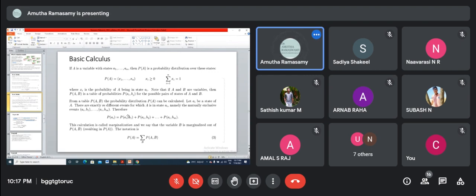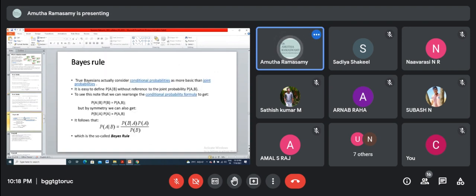This calculation is called marginalization, and we say that the variable B is marginalized. That is, the influence of B over the A is completely worked out, and you have to understand only the P of AI. Okay, this is the basic.